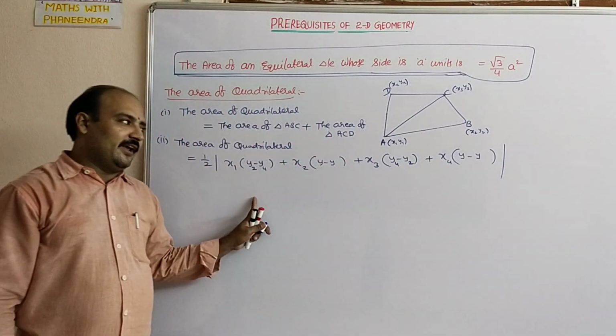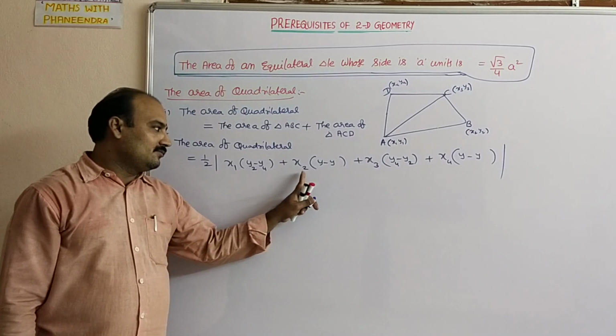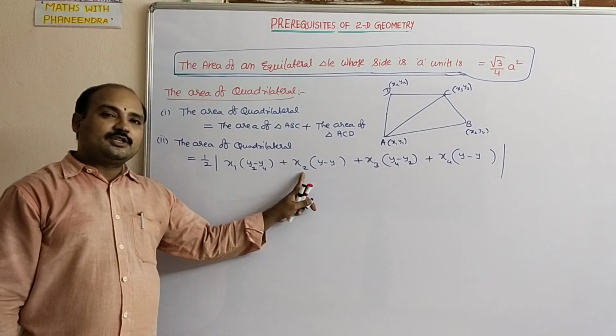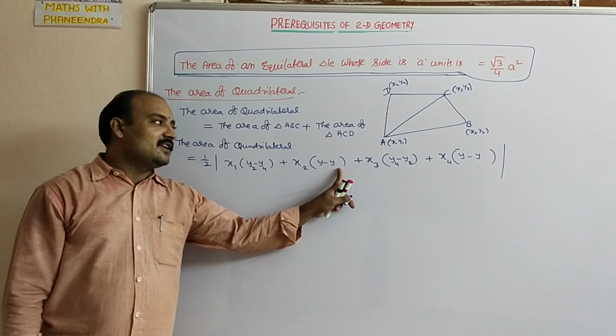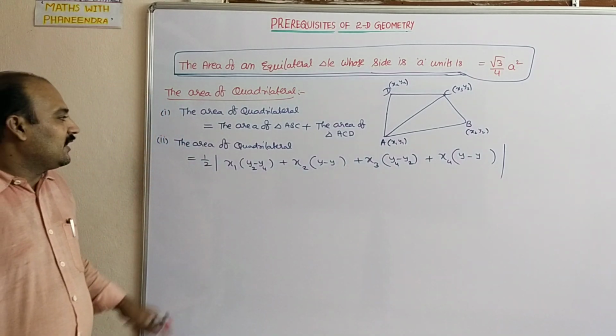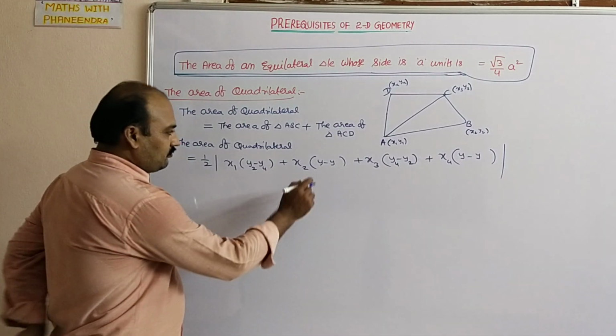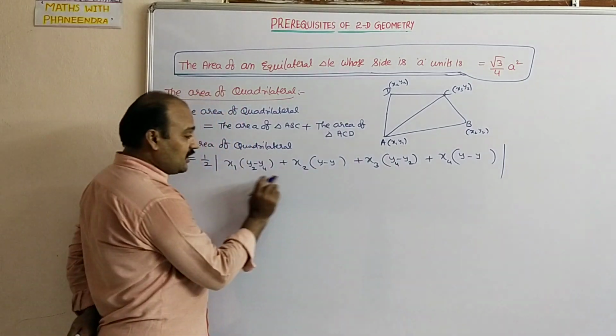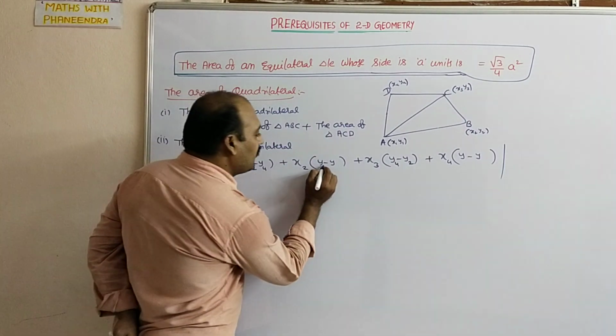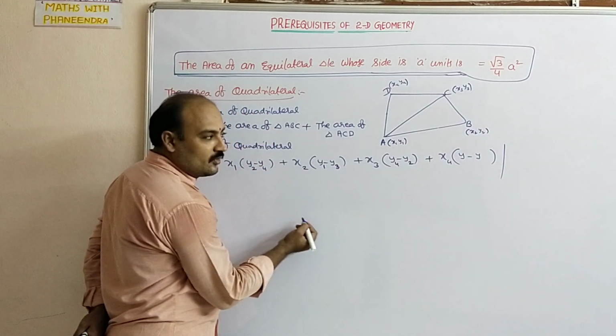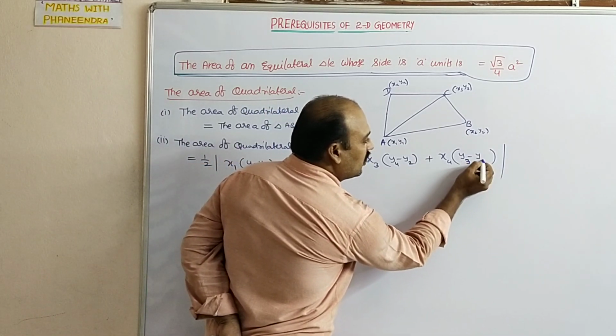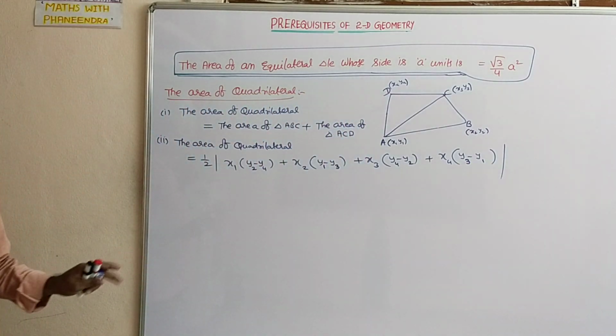In the same way, x2 into a difference of y's is there. Here odd numbers: y1 minus y3, here y3 minus y1. Square units, that's all.